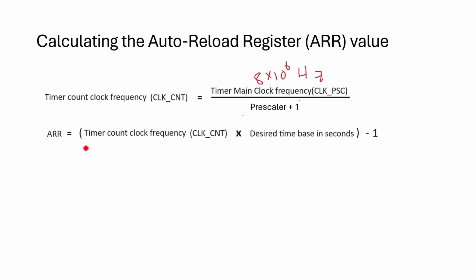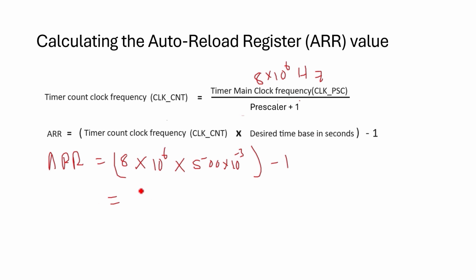That means here ARR is equal to 8 into 10 to the power 6 into the desired time base. So we need a time base of 500 into 10 to the power minus 3, minus 1. That turns out to be 4,000,000 minus 1.